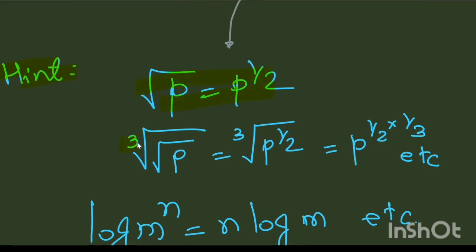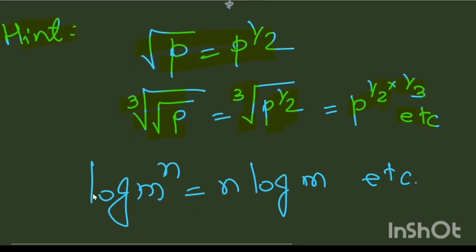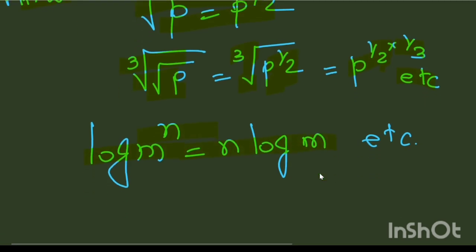Again, if there is another root above the square root, if it is cube root, then root p is replaced by p to the power half, and if you apply cube root, it becomes p to the power half into 1 by 3. And so on, if there is another root above the cube root, we need to generalize it that way. And after simplifying that, we can use this rule to simplify it further.